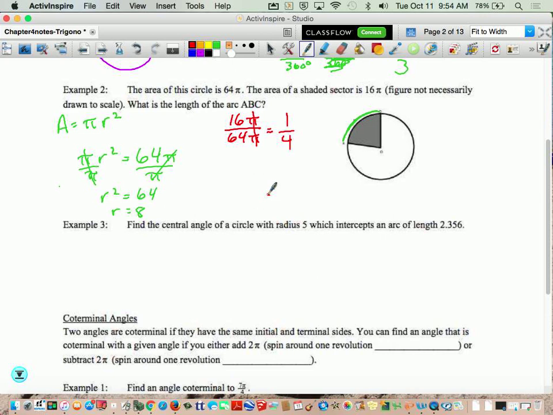The sector they've actually done is 1/4 of the circle, so it probably should be looking more like this, you know? So you can see that it's one quadrant. It's 1/4 of a circle. So at the end of all this, I can go back to my formula, which we just did. The s equals r times theta.